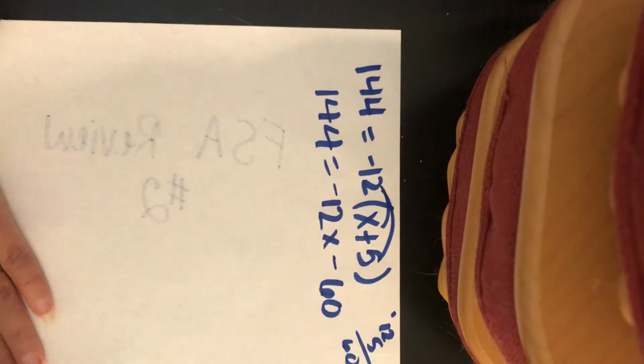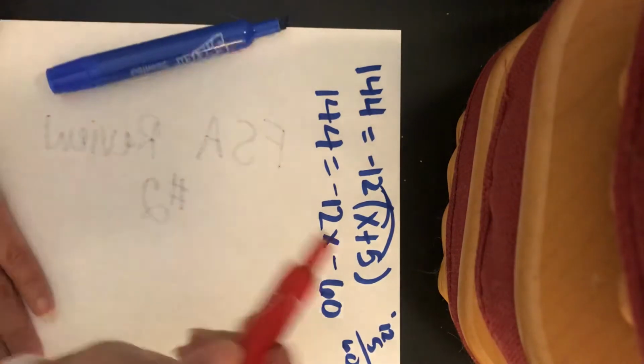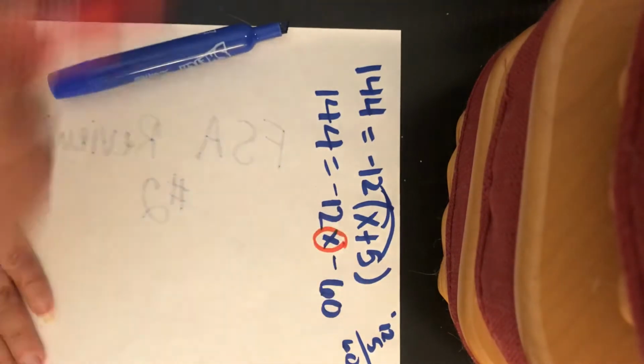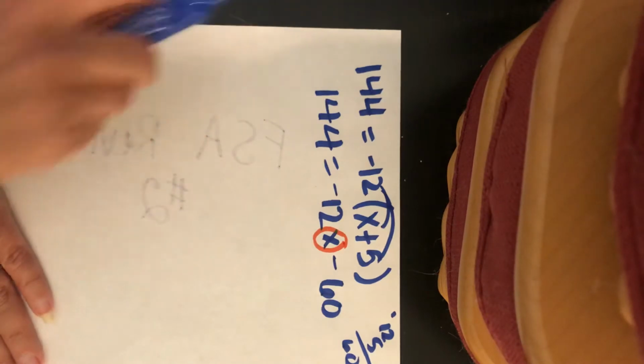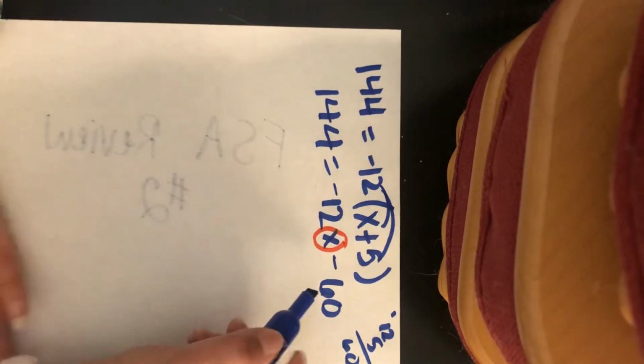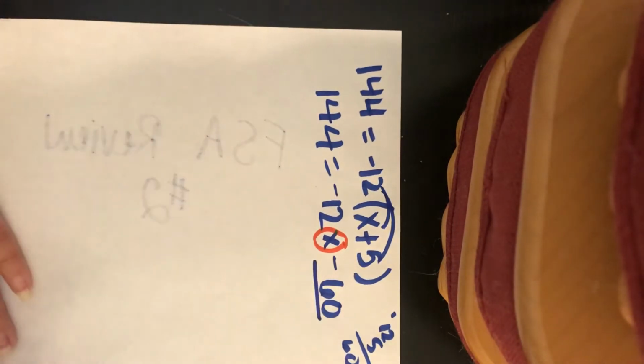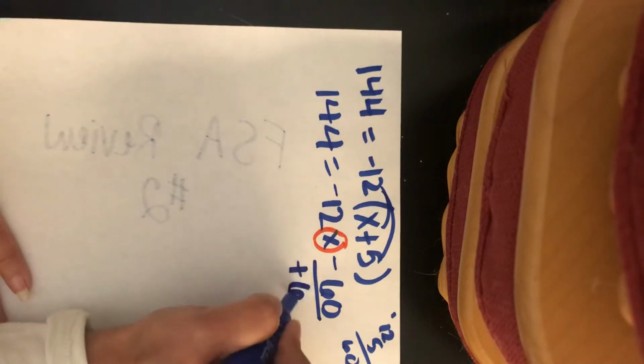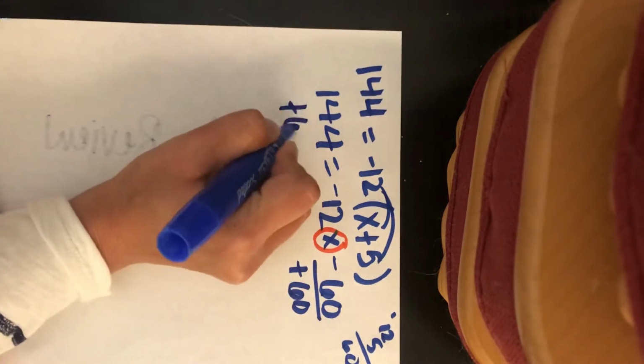So now I need to isolate my variable. I have to add or subtract first. So right now I have a negative 60. It's being subtracted. So I'm going to add to get rid of it.